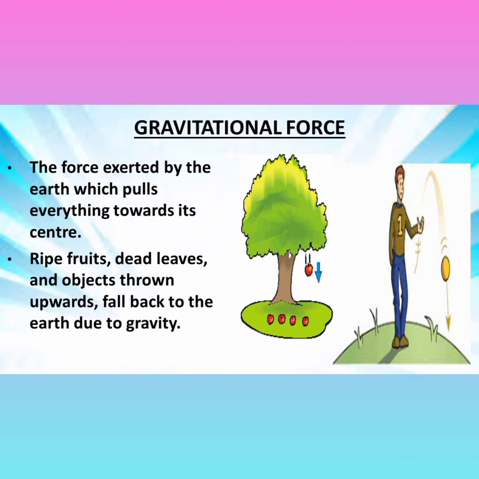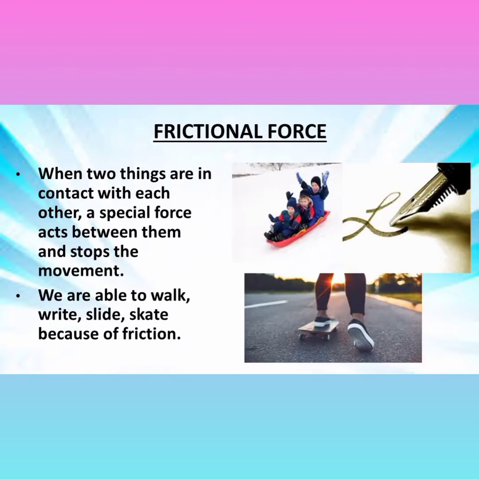You can see in this picture the apple, the ripe fruit, falling down towards the ground, and the boy, when he throws the ball upward, it also comes back to the earth due to gravity.